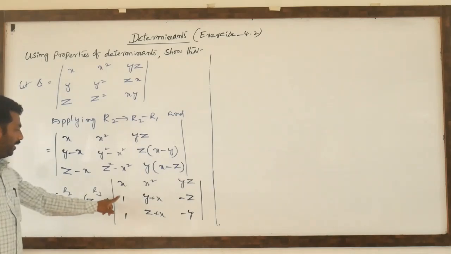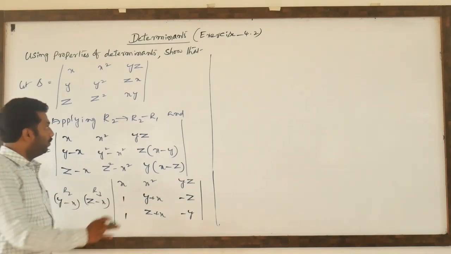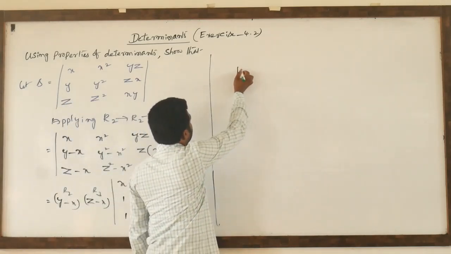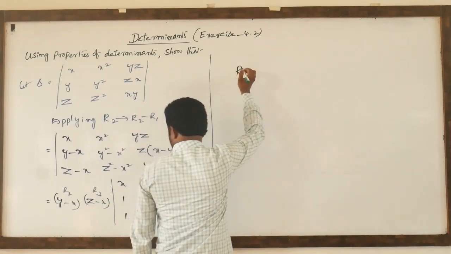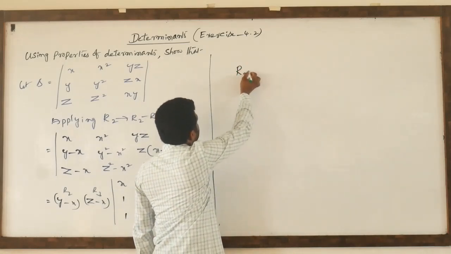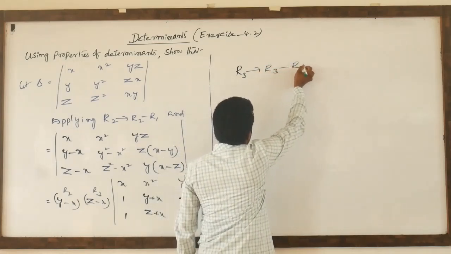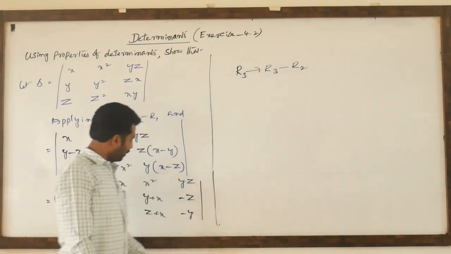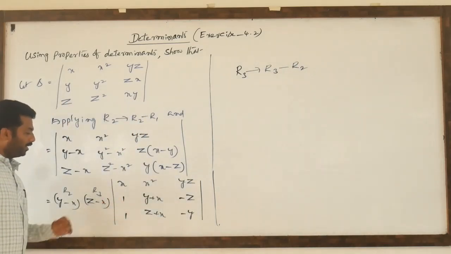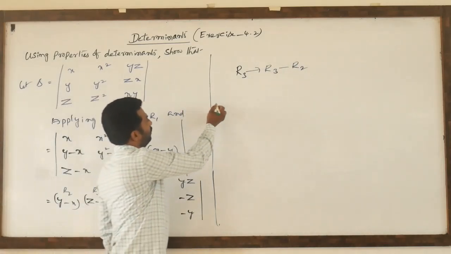Okay. Again here 1 1 is there. We are applying one more operation, that is R3 changes to R3 minus corresponding R2. Just to observe. Because 1 1 is there, we can apply that operation.